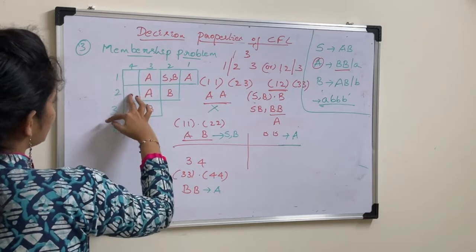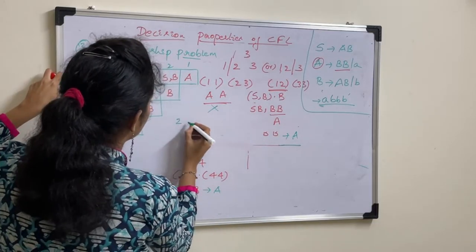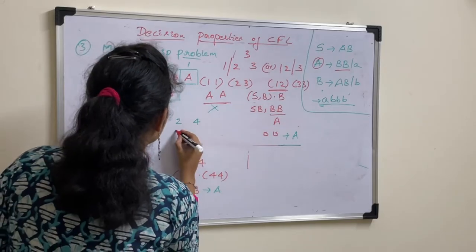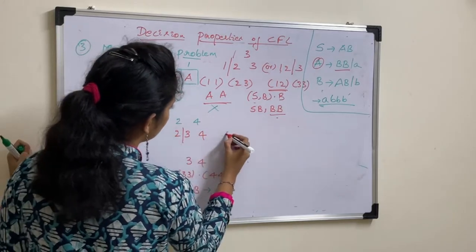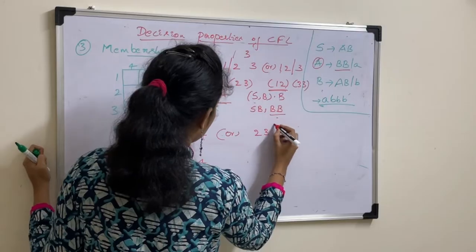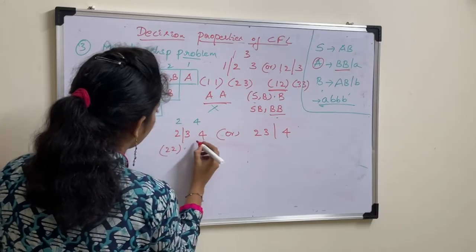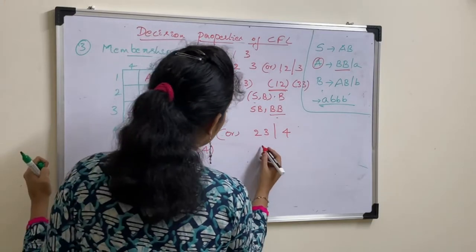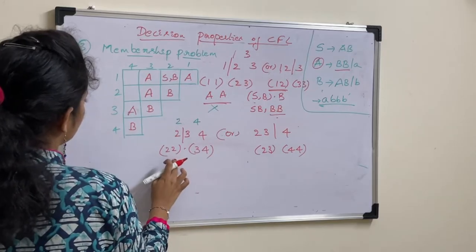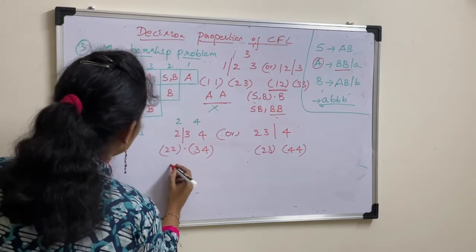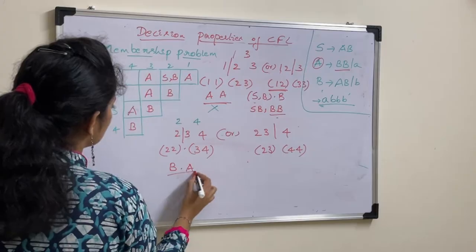Now take the 2 4 position. How to write 2 4? The elements will be 2, 3, 4, so you can divide it as 2 2 dot 3 4, or 2 3 dot 4 4. 2 2 is B, and 3 4 means A, so BA.